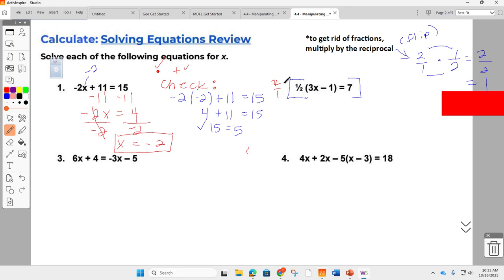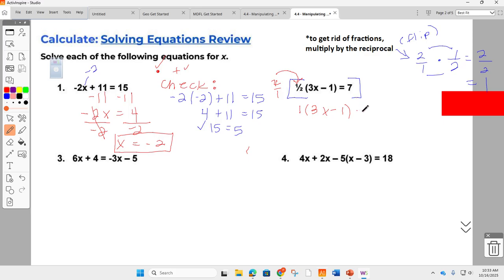So we're going to multiply this 2 over 1. This is a little bit tricky if you'll remember. If you're multiplying an entire equation by a number, and there's a number on the outside of parentheses, we only multiply it by those parentheses. So 2 times 1/2 is 1, and we bring the 3x minus 1 down.